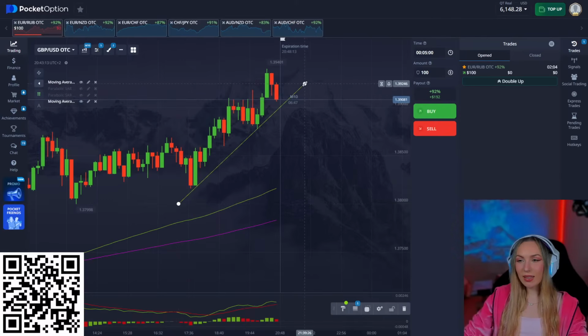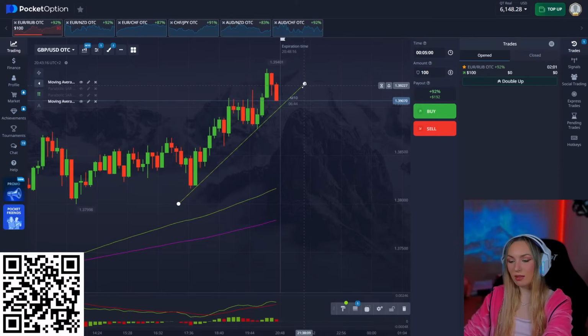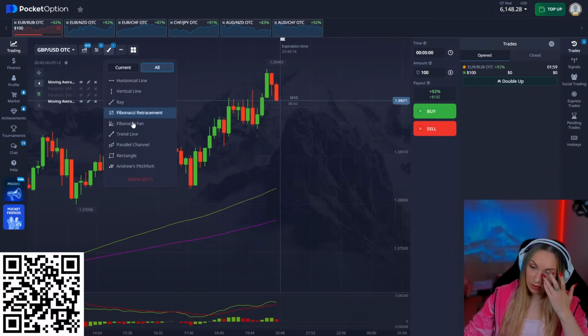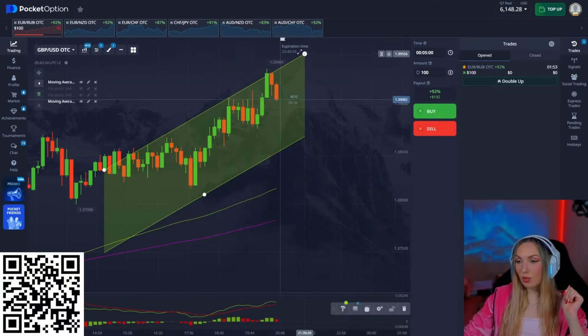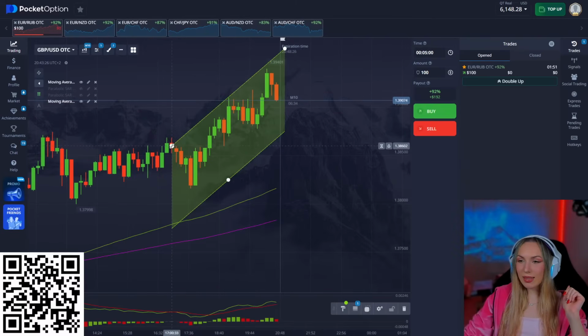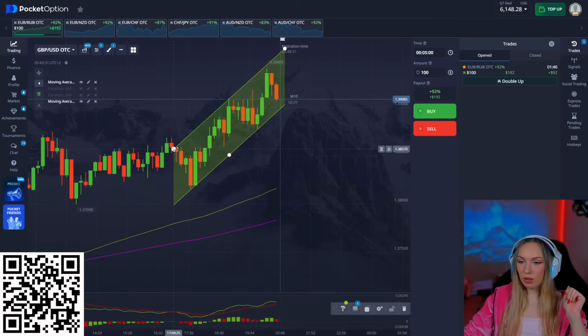I kind of see here the parallel. Oh, my eye, I want to scratch it from the inside so bad. Kind of see here the upward channel.